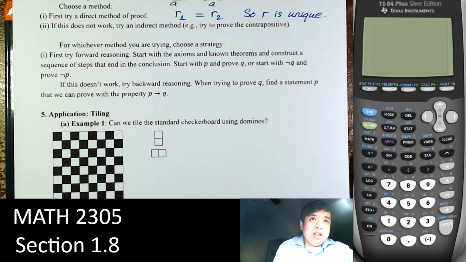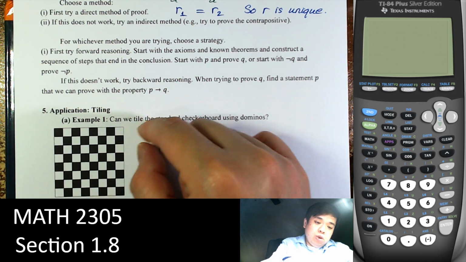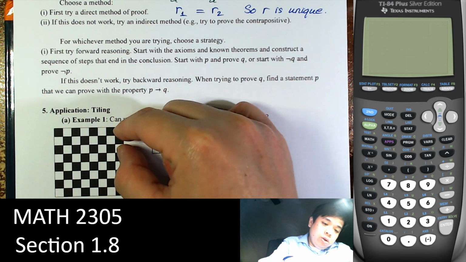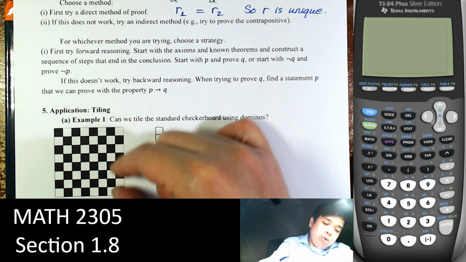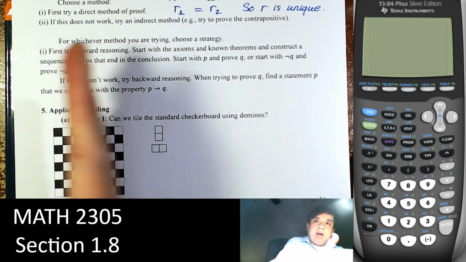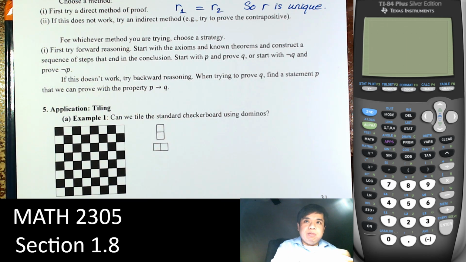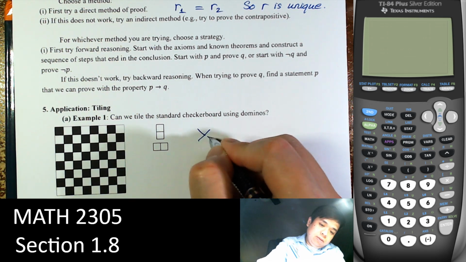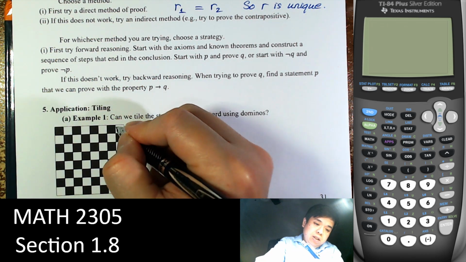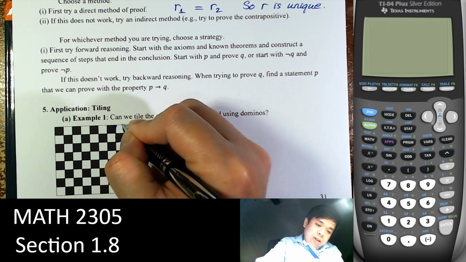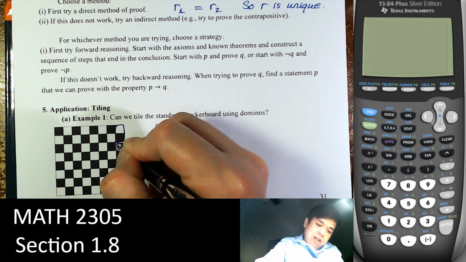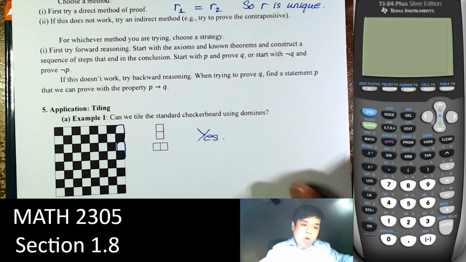And the answer to that is yes. If you just put them in lines along each column, you will fill it easily. Just stack each of them in this pattern and keep going for the rest of the board. So that's easy.